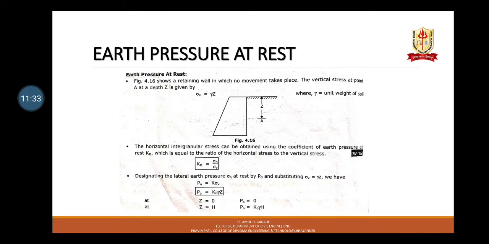So here are the various equations for earth pressure at rest. The following figure shows a retaining wall in which no movement takes place.